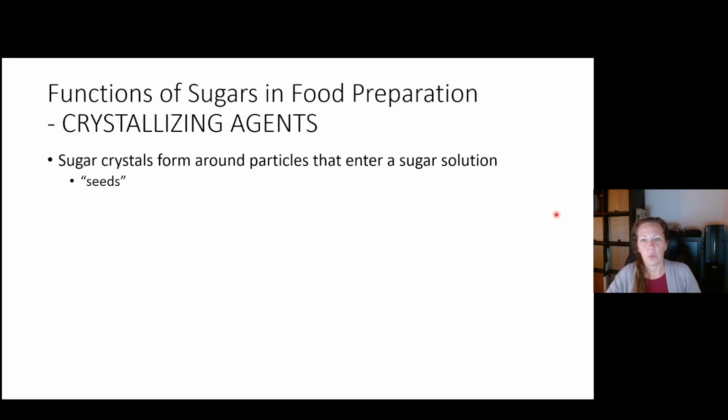Okay, so I already mentioned seeds. Let's describe that a little bit better. Sugar crystals like to form around particles that enter a sugar solution, and those particles are called seeds. A seed in sugar terminology is really anything that the sugar molecules can attach themselves to form crystals. It can be a sugar crystal that is placed in there.